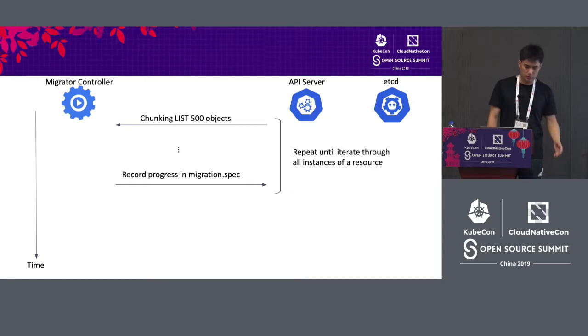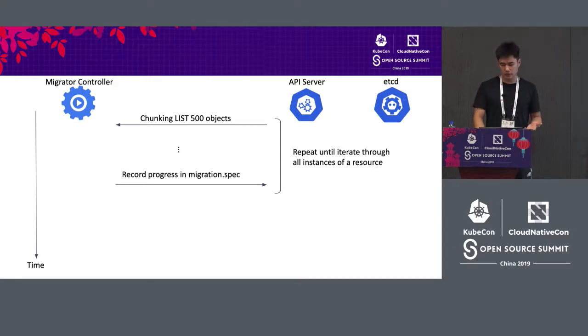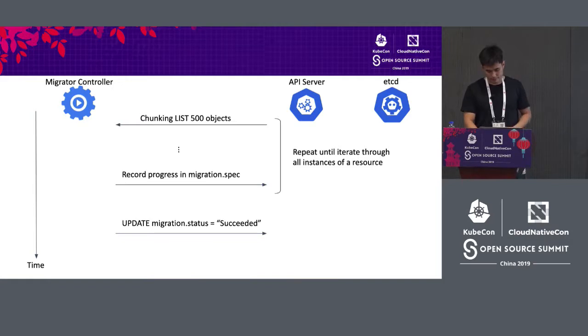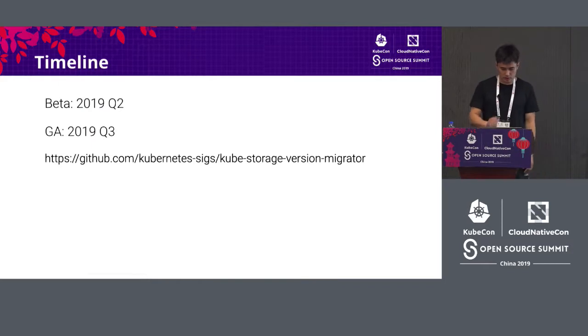The migrator controller will do this repeatedly until it has iterated through all the instances of this resource. Then it will mark the migration status as succeeded. So this is the life cycle of one migration request. In your system, there might be multiple migration requests for different resources, with multiple instances running to migrate those resources. That's how the migrator works.